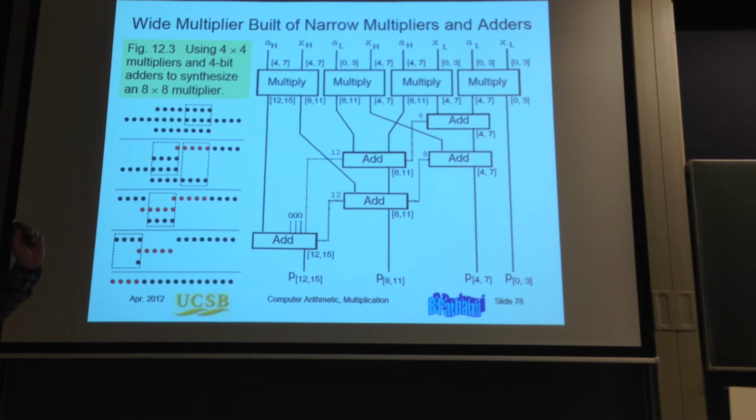Now, this is the way such an approach will look if I look at the circuit. I have 4 multipliers, and I'm building a 16-bit multiplier. On the first level, I am multiplying all of them. Then the delay is the delay of a 4-bit multiplier.